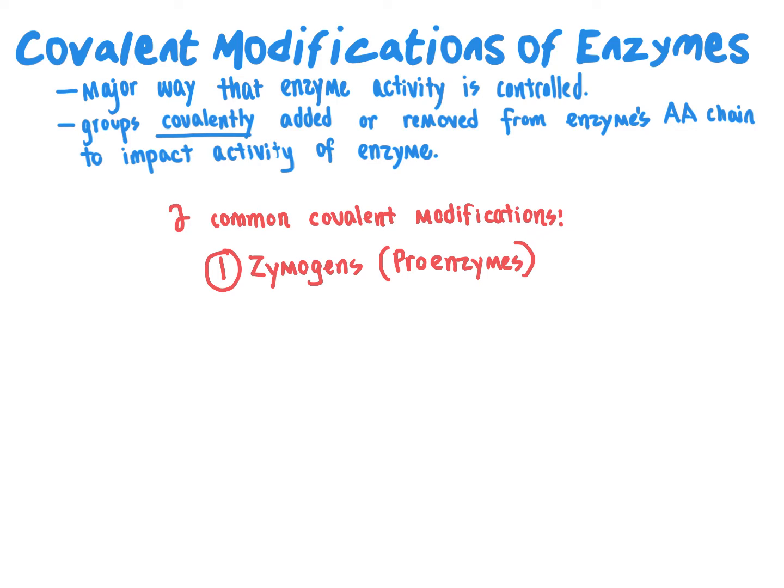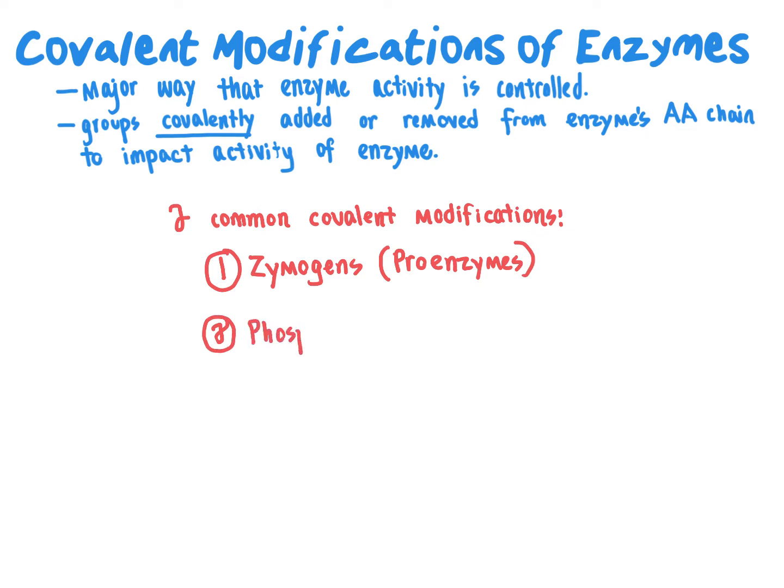Usually, this results from a section of the polypeptide covering the active site, and then later on, the proenzyme is converted into an active form, usually by a section of the polypeptide chain being cleaved off to unveil the active site. The second main type of covalent modification is referred to as phosphorylation.